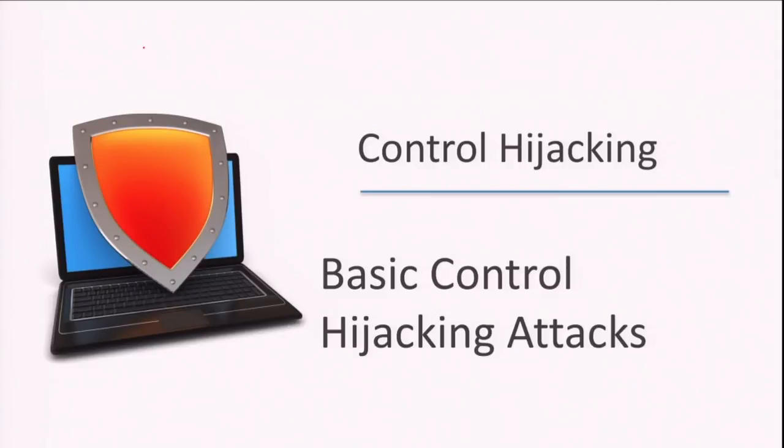So what is control hijacking? When a program executes, it has a control trajectory. Usually the program runs from one instruction to the other, and then sometimes there is a jump and other instructions that change the control flow. When the programmer writes a program, he or she has a particular control flow in mind.